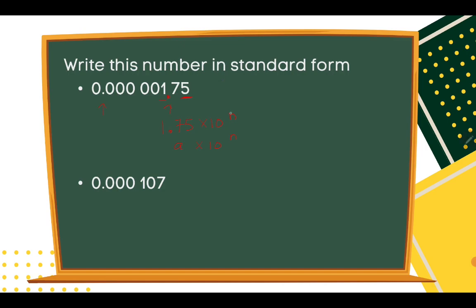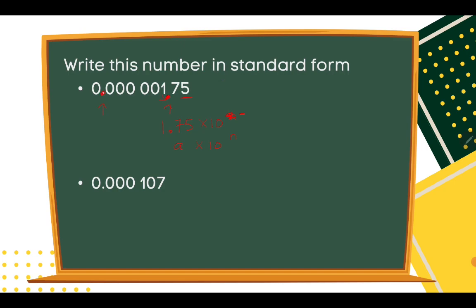And here it becomes negative. When a number is being divided by the base of 10, the integer for the power of 10 will be negative. Negative what? It depends on how many jumps you need to make from this dot to this dot.